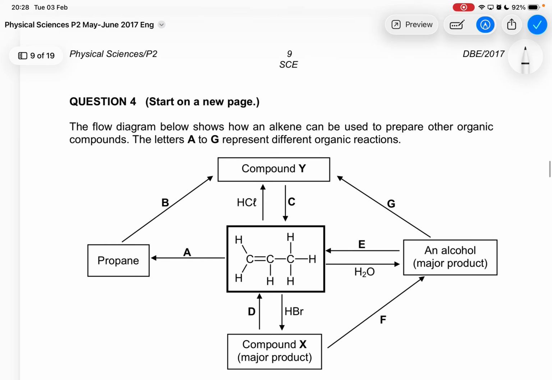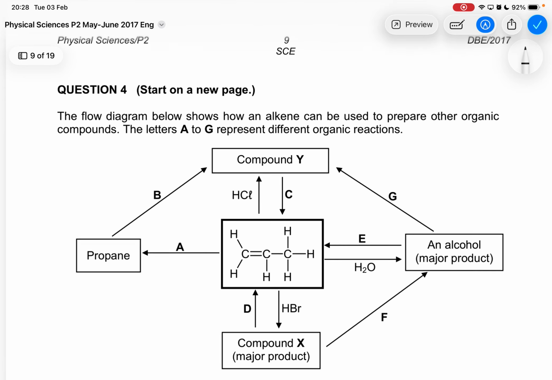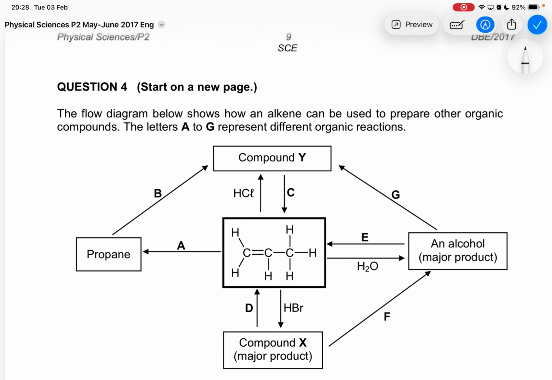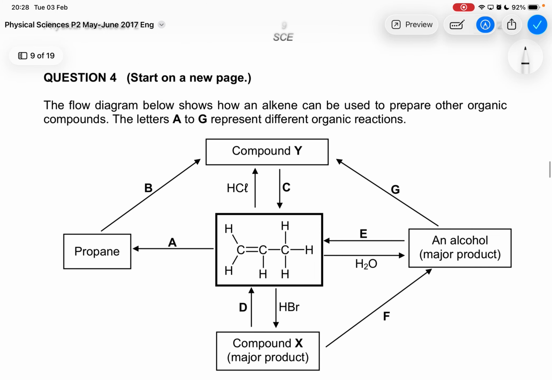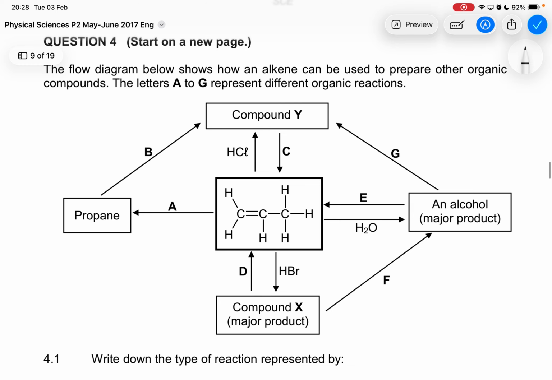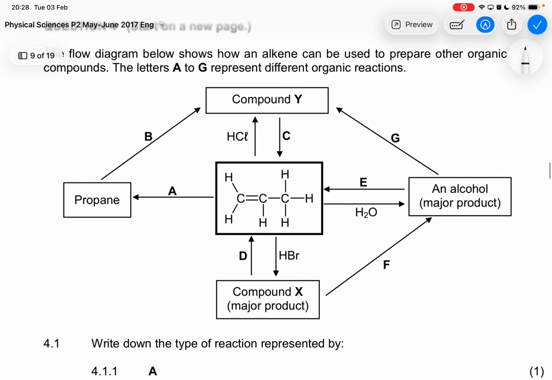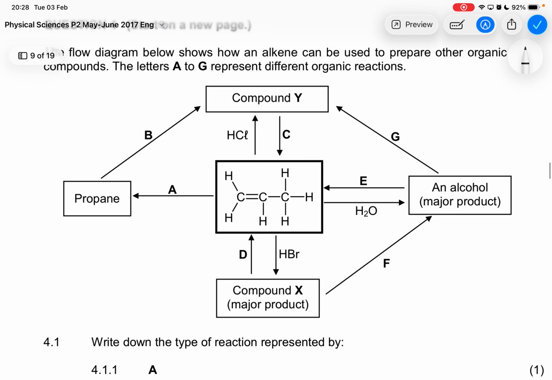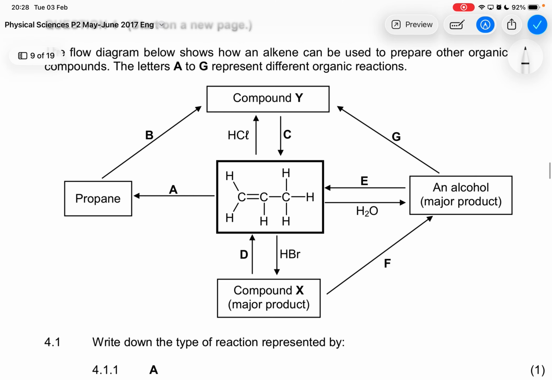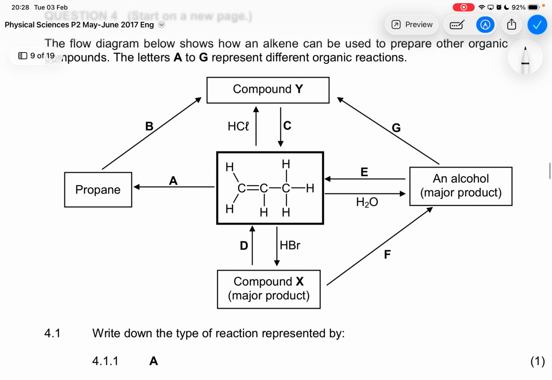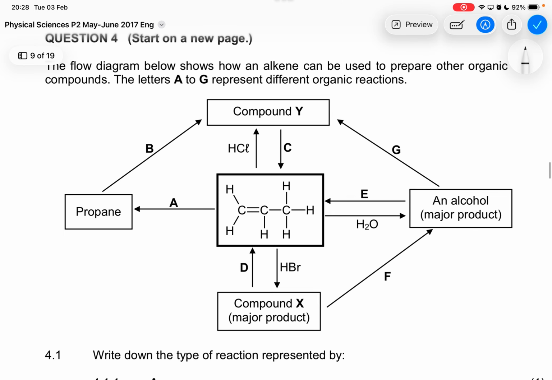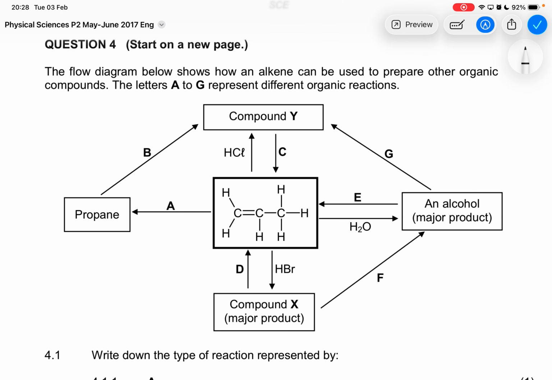Right, so I'm looking at the 2017 DBE paper, that is May-June. So we're going to look at the paper and see the best ways to help each other respond to these questions. So I'm going to read the top part.